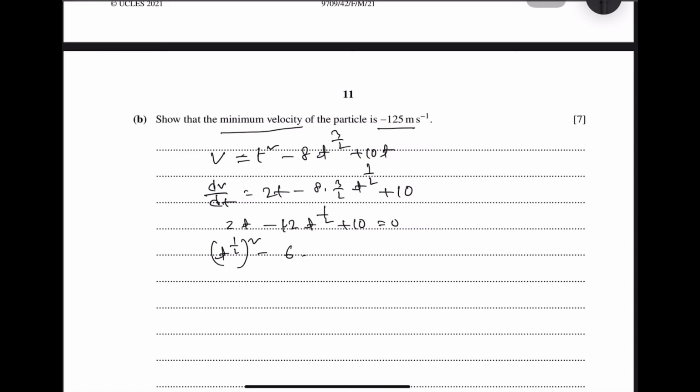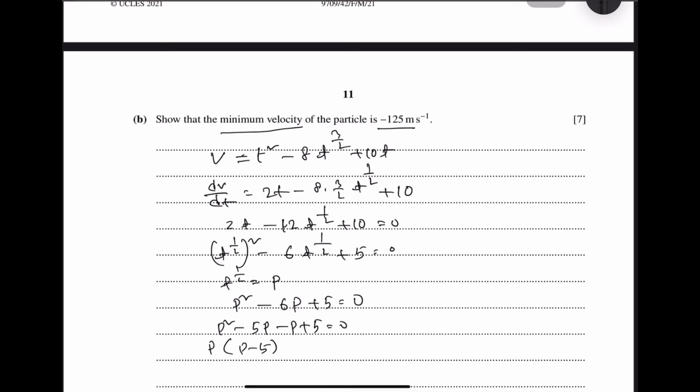t square minus 6 t to the power half plus 5. I mean, we divided all these terms by 2, and t is written as t to the power half whole square. Now let t to the power half equal p. So p square minus 6p plus 5, then factorize: p square minus 5p minus p plus 5 equals 0.